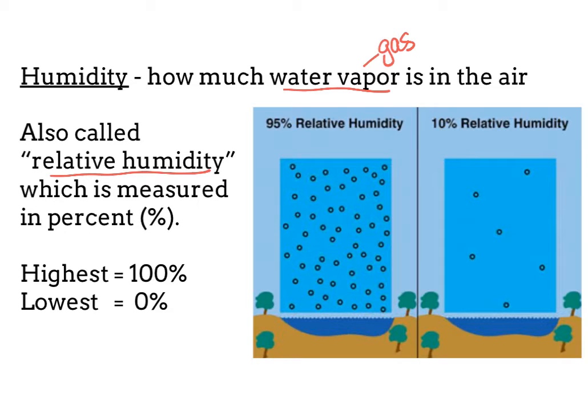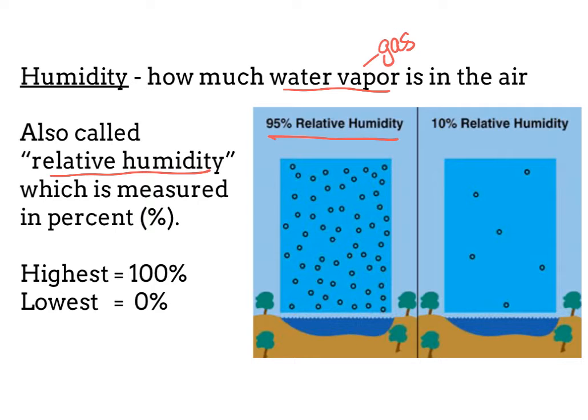For example, if you're outside and you tell your neighbor or your friend, wow, hey, it really feels humid outside, what that really means is that there's a lot of water vapor molecules in the air. So that's a day, for example, where it might be 95% humidity. It's going to feel really, really humid. Sticky is another word that sometimes people use.